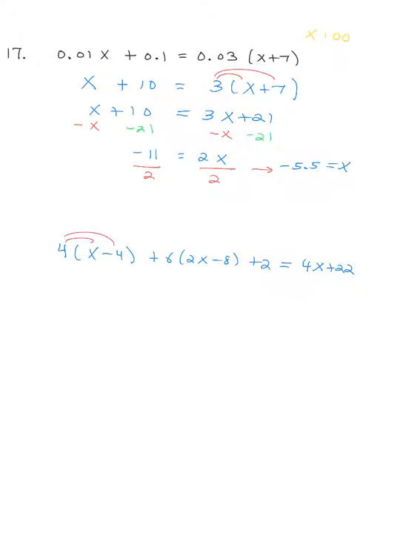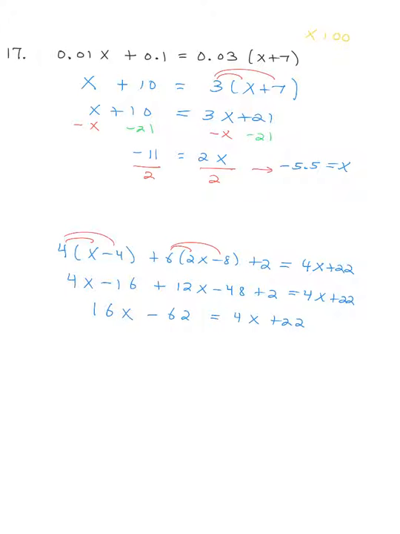I'll next distribute in the 4 and the 6. We get 4x minus 16 plus 12x minus 48 plus 2 is equal to 4x plus 22, okay? Combining like terms on the left, I get a 4x and a 12x, which is a 16x. Negative 16 minus 48 plus 2 is negative 62, and that's equal to 4x plus 22.